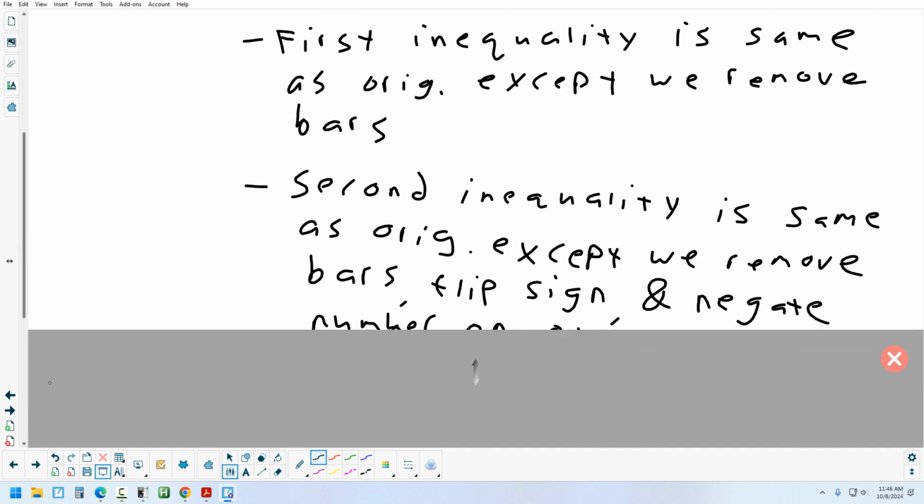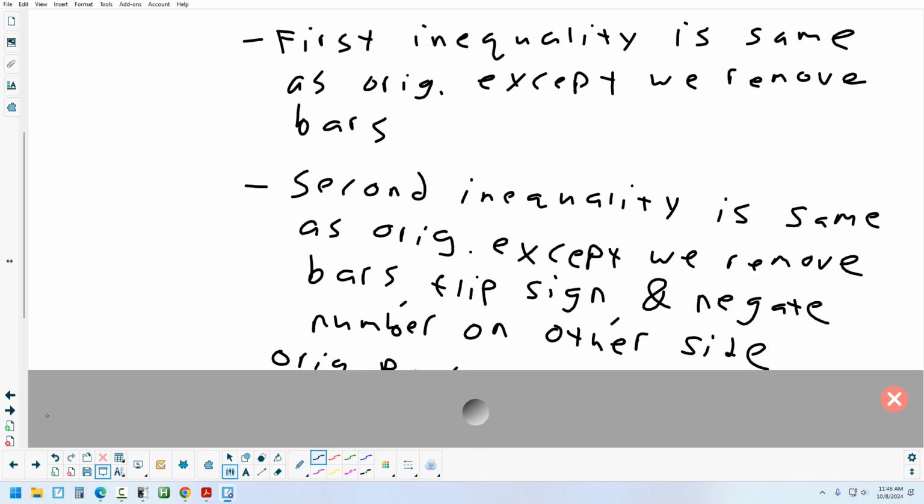Okay, so three things you have to do to get the other inequality: remove the bars, flip the inequality, and change the number on the other side to its opposite. This is the extra step that you didn't have yesterday because we had an equal sign, and you never flip an equal sign. But inequalities, you can flip.